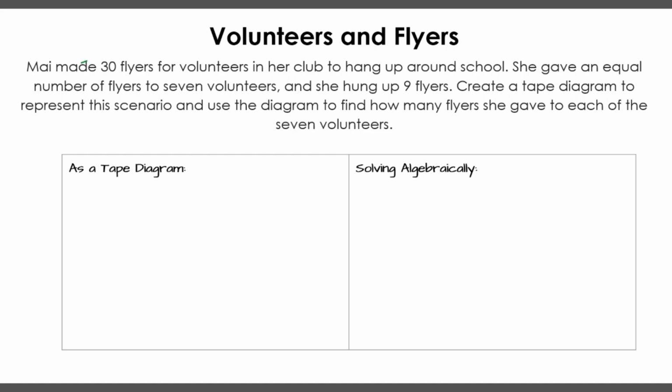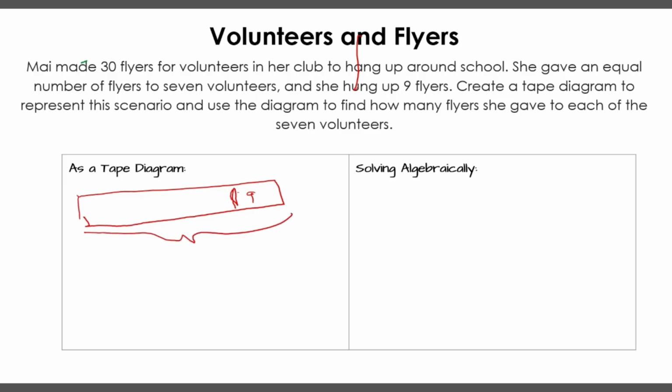All right, so if I draw a big section, I know that this section right here is what May took out. And then I know this whole thing equals 30.